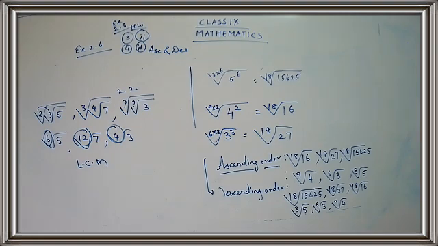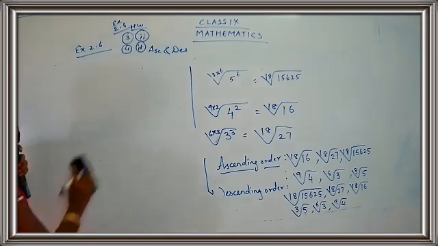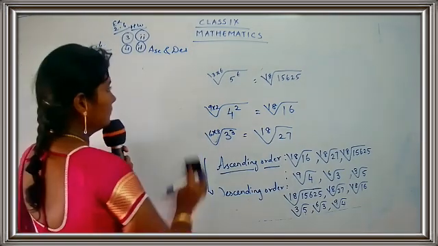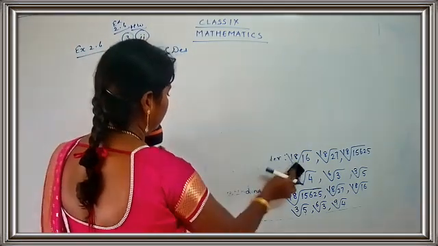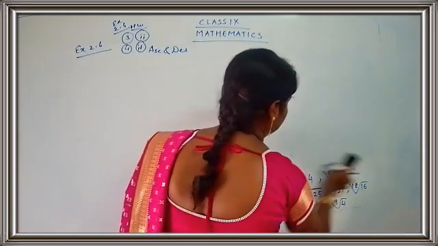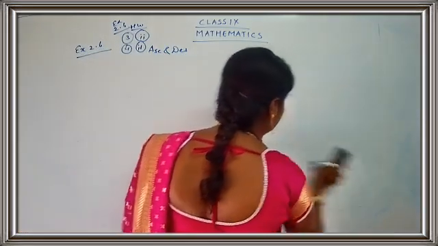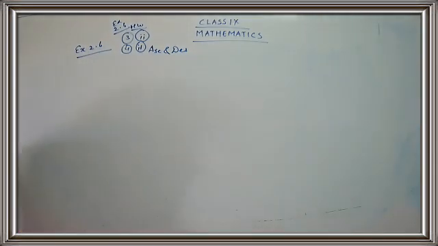Have you taken on the question, children? Just take on the question. You have to write the question, children. Do not skip the question. You have to write the question and the answer. Question number 5.